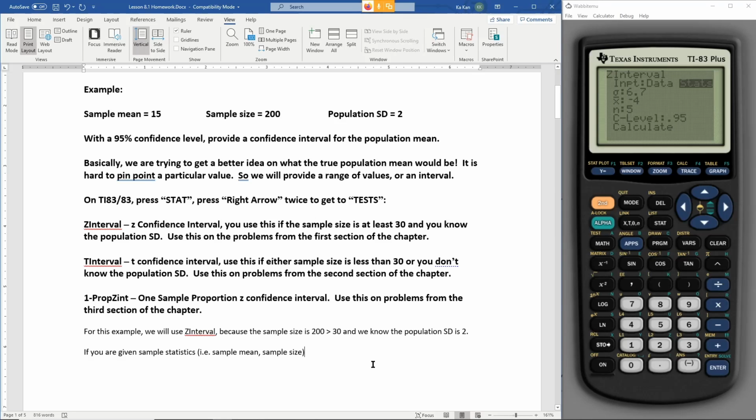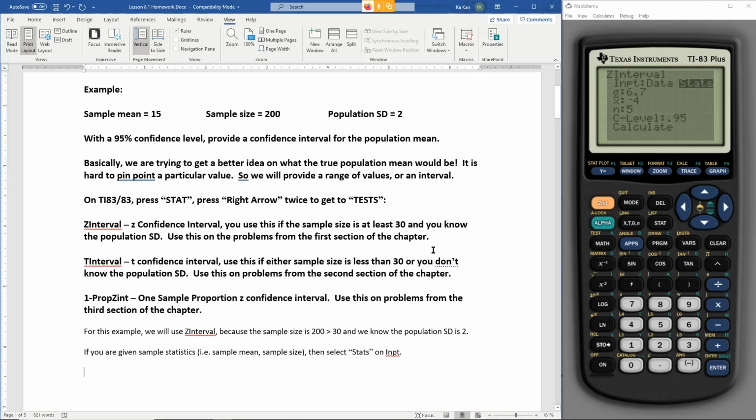So let's say this is what you're given, and you'll see two types of problems. If you're given sample statistics, where they give you the sample mean and all that good stuff, then use Stats on the input. So for that first row, just use Stats and enter it. The Data option is used for the other type of problem.